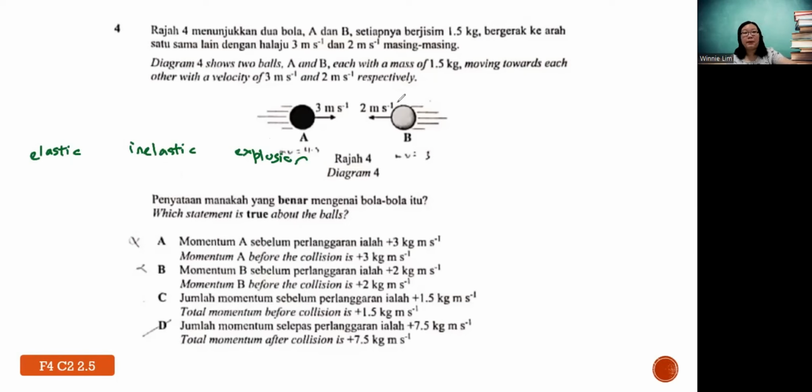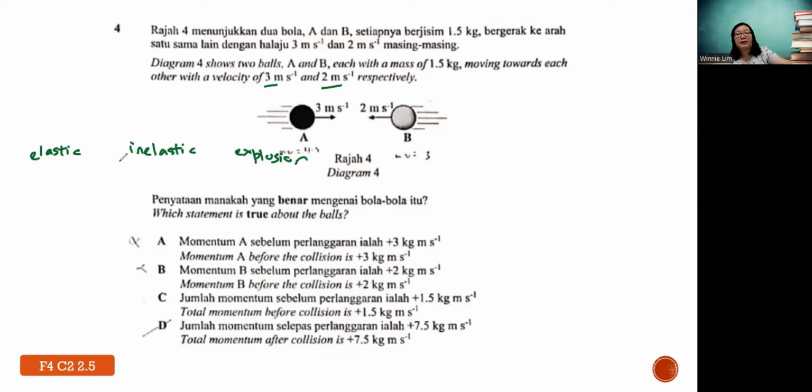Based on this one, what type of collision is this? They didn't say what happened right after the collision, but you can actually calculate.